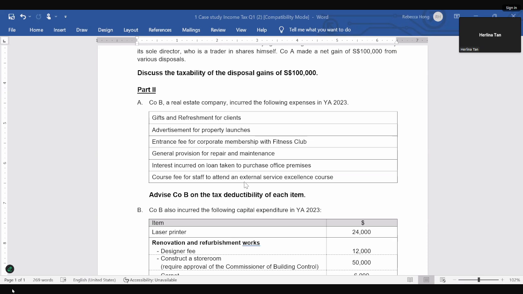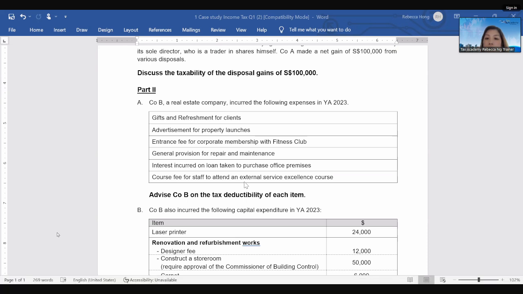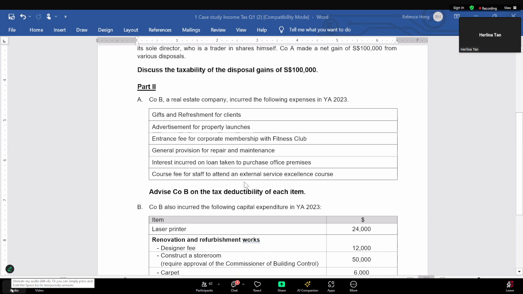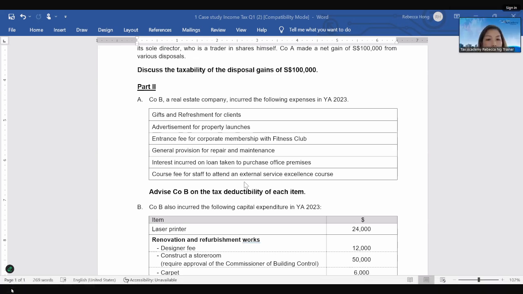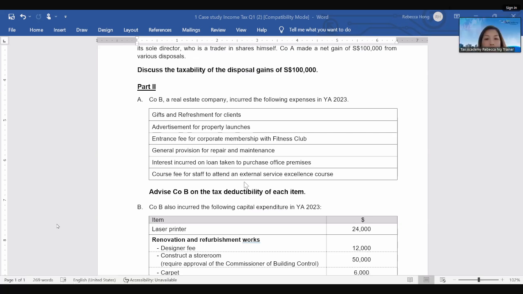How about the fee to attend an external service excellence course? It's a training cost for staff, so it's deductible. The reason? It's incurred in the production of income.